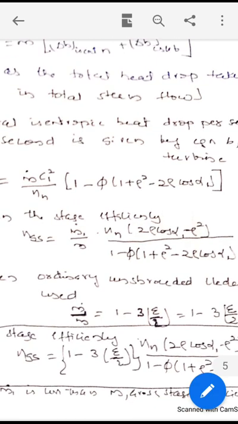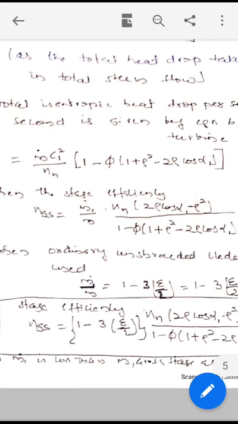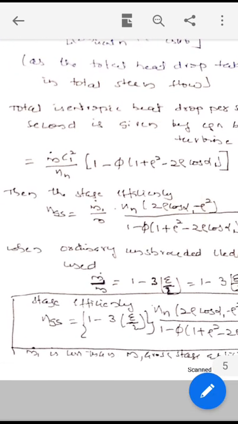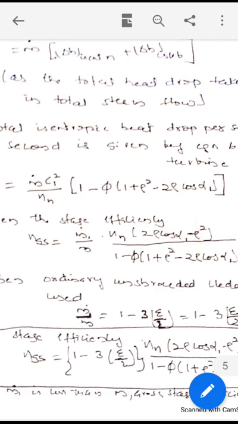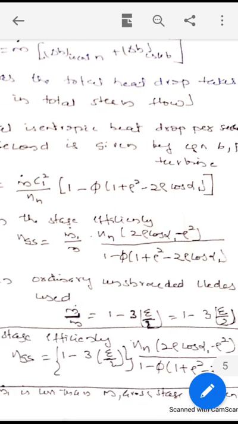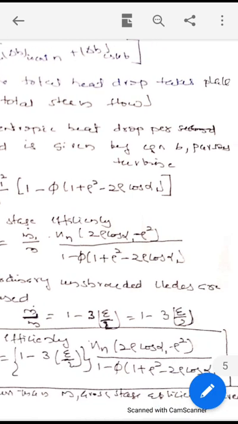Therefore, the stage efficiency considering the flow of steam over the blade tips will be less than the stage efficiency obtained without considering the blade leakage losses. You can say stage efficiency = (1 - 3 epsilon / L) times the stage efficiency without considering the blade leakage losses. Thank you.